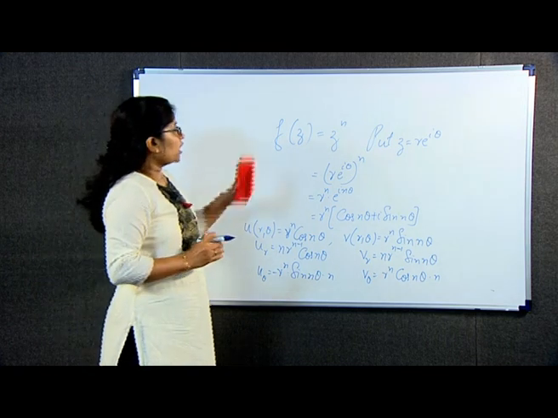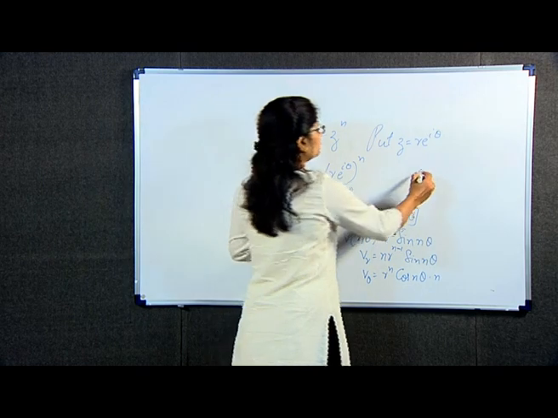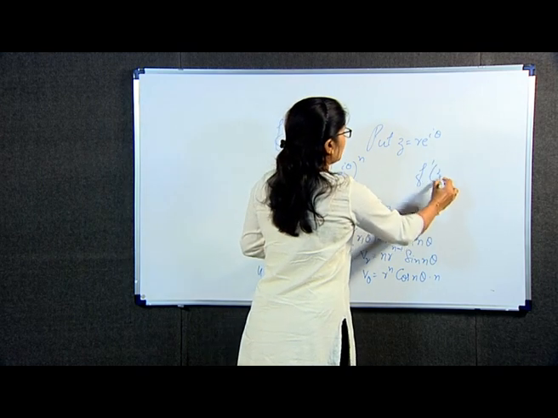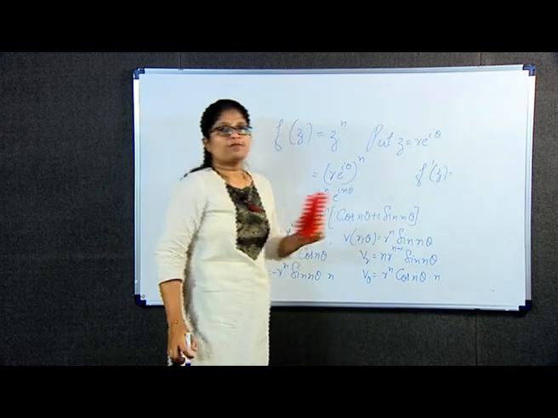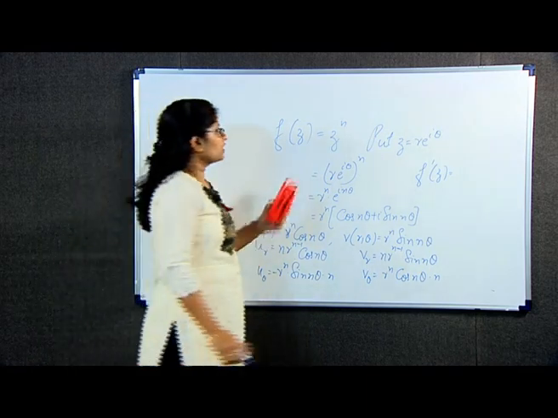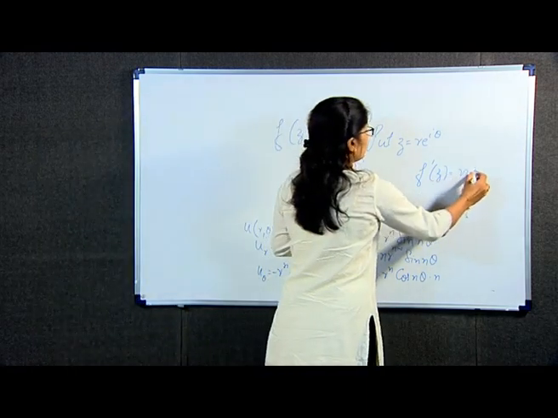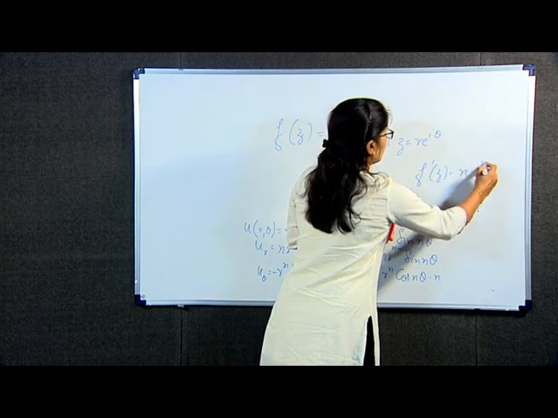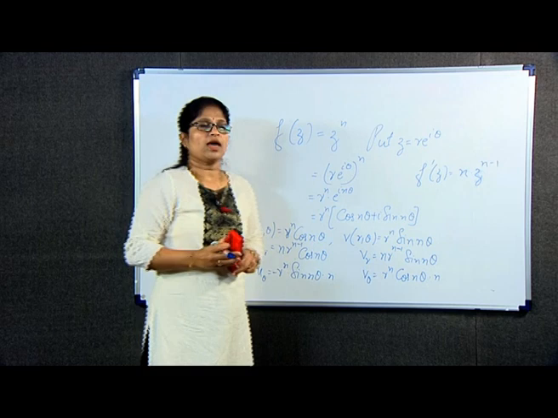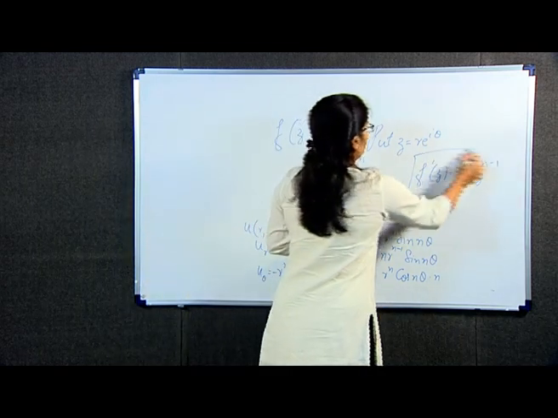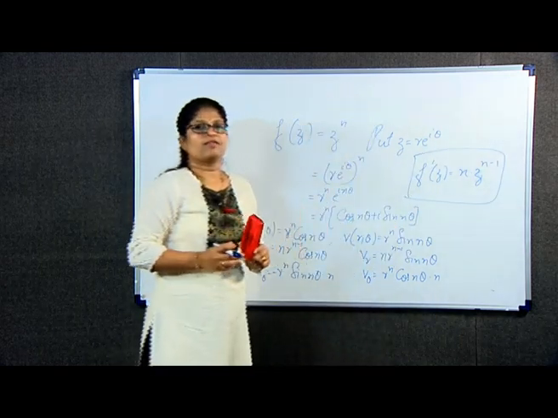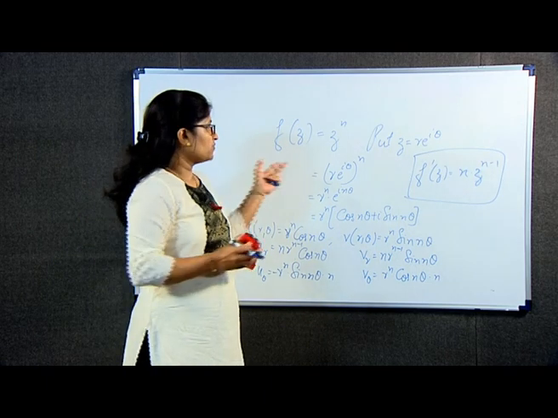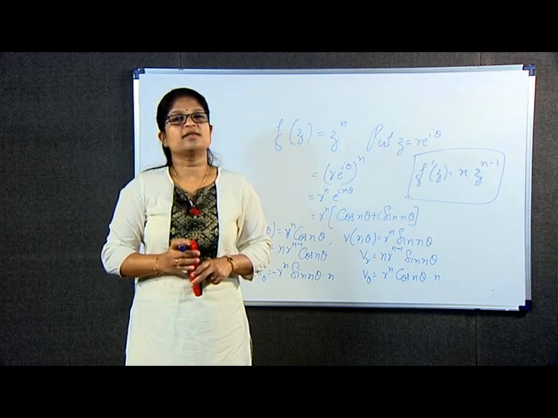Okay. So, now as I have told you, once you have proved that it is analytic, what can you do to find the derivative? You can simply differentiate it. So, what is it? n times z raised to n minus 1. So, what can you say about all these functions? Your function e raised to z, z raised to n, all those are entire functions.